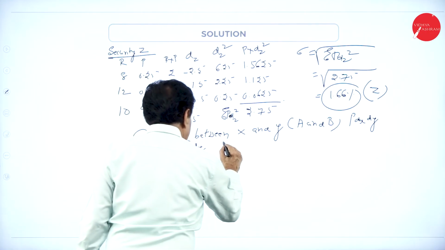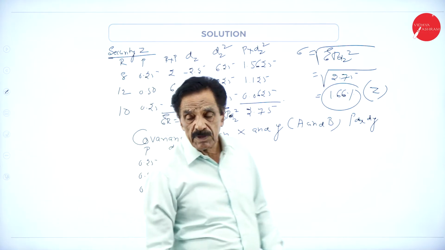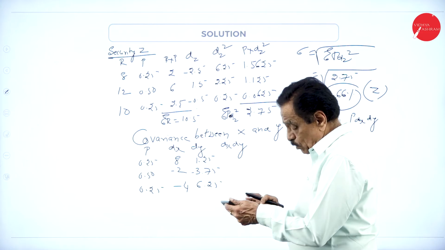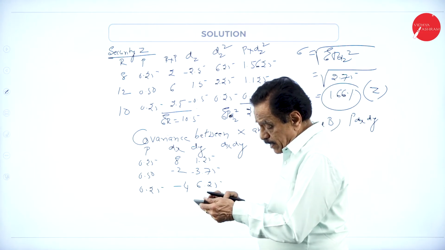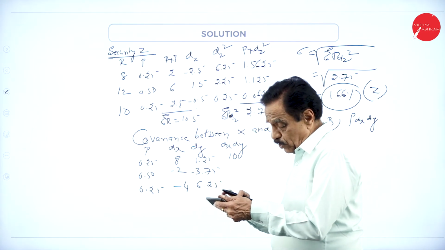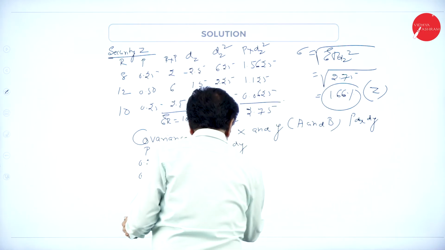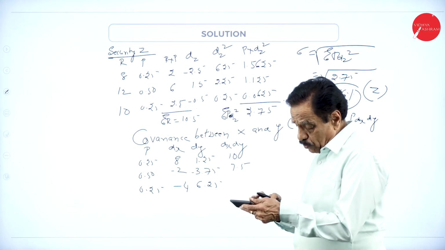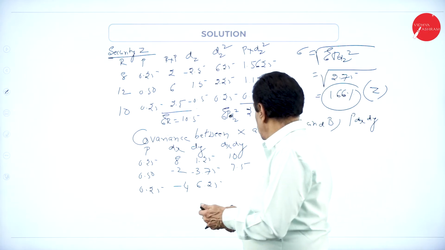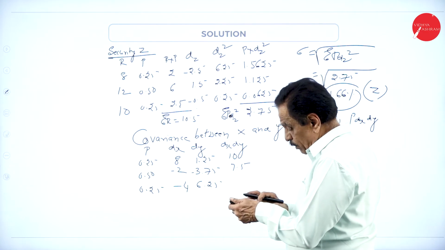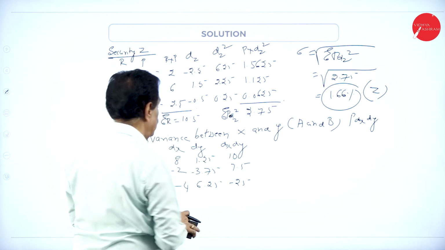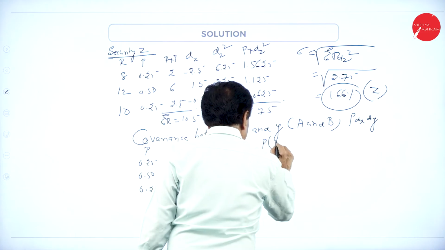Multiply dx and dy: 1.25 into 8 is 10, 3.75 into 2 is 7.5, minus into minus become plus, 6.25 into 4 is 25. Then p into dx dy.